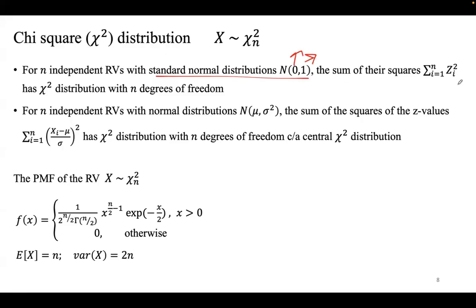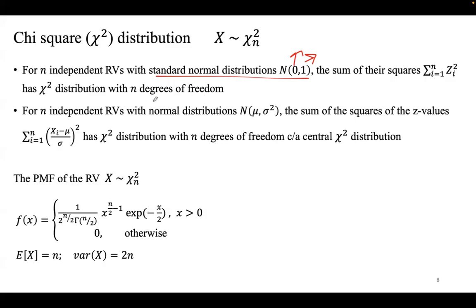We take the sum of their squares. Since they're standard normals, we can denote them with a z. Remember, z is how we made something standard normal, and this is already standard normal. So the sum of their squares has a chi-square distribution with n degrees of freedom.